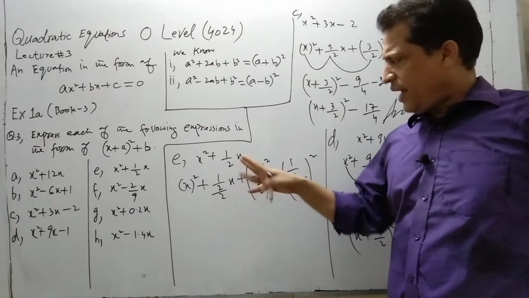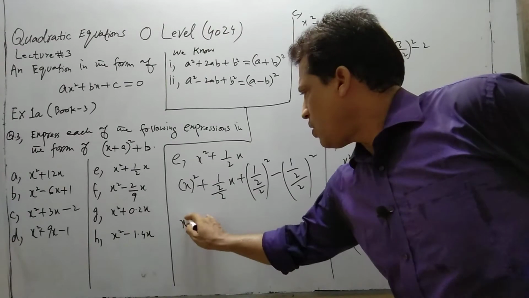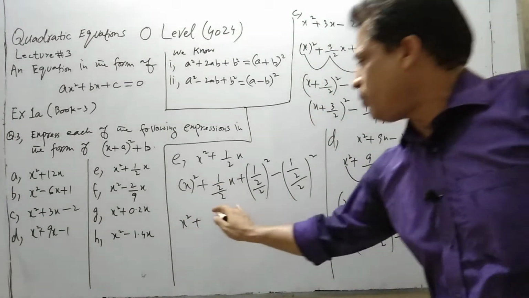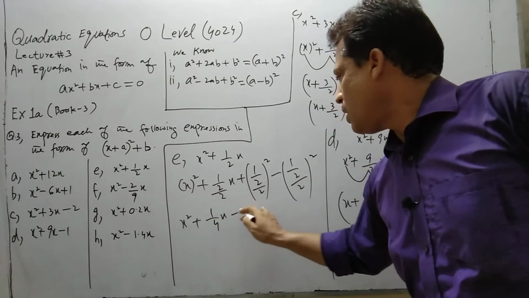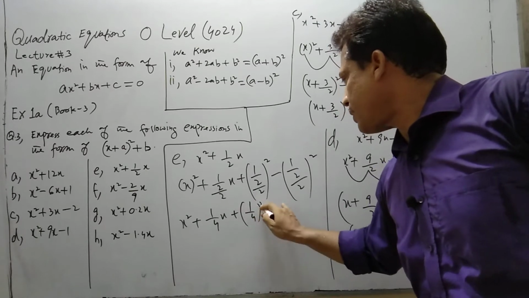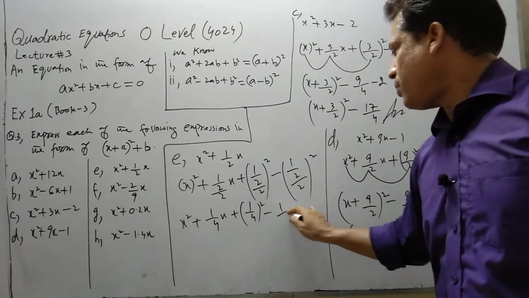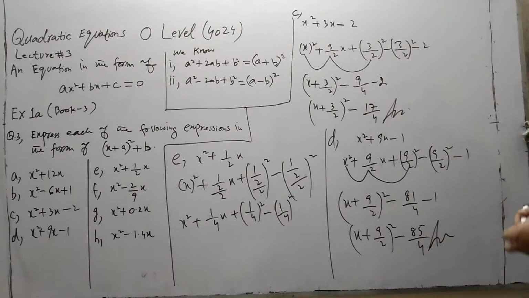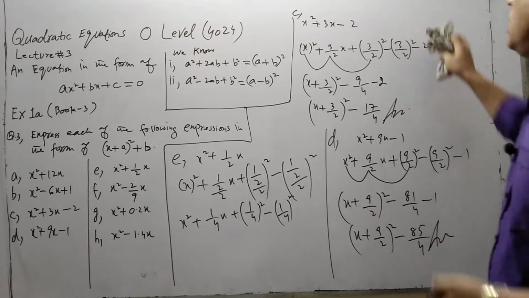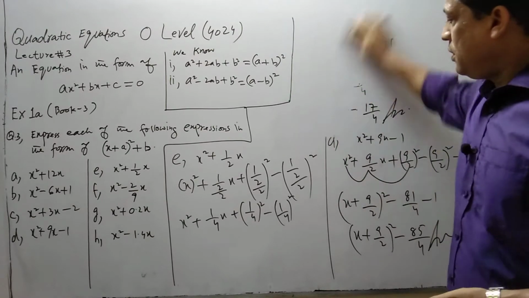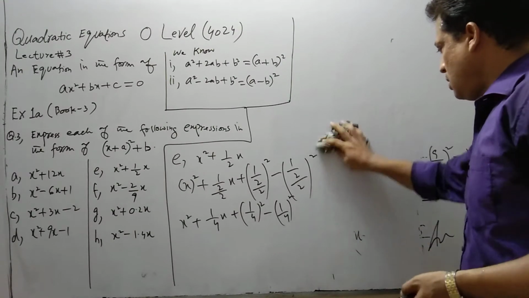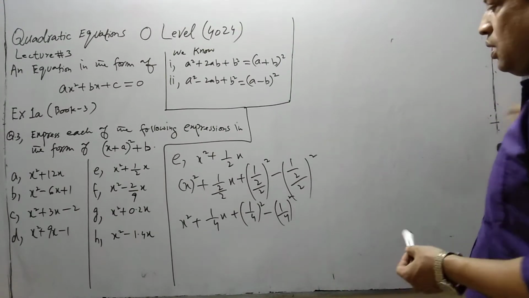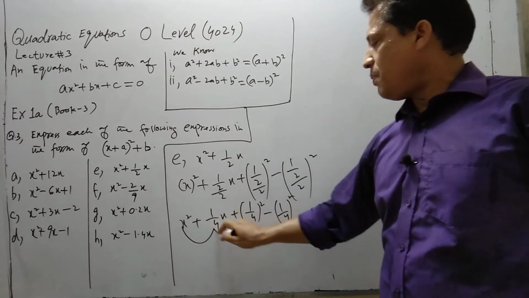Moving forward to next step, first we have to simplify. 1 upon 2 upon 2 is 1 upon 4, x plus 1 upon 4 square minus 1 upon 4 square. This is part E. The next part is a square plus 2ab plus b square.